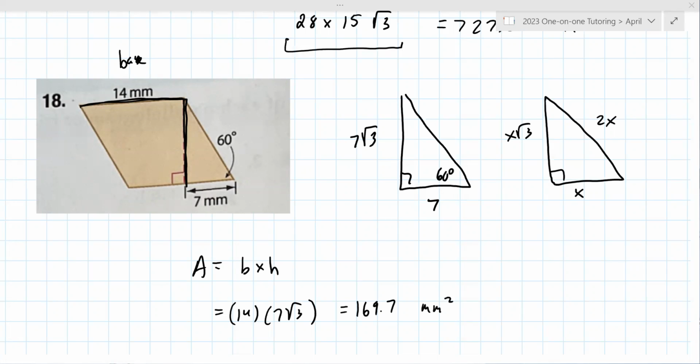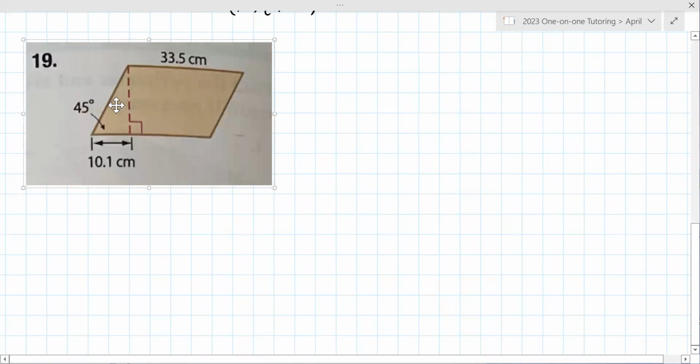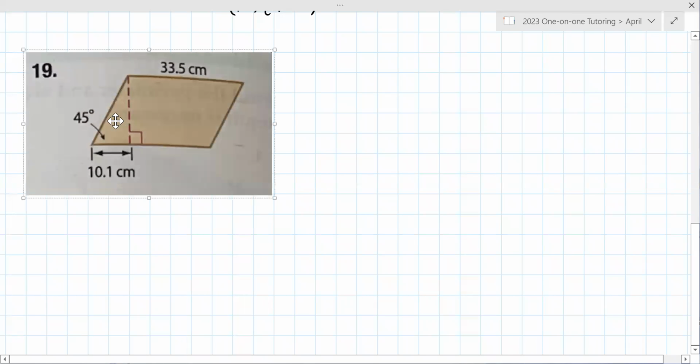All right, 19 here. All right, so we got a similar situation here. You can always use the top as the base if you want, and I would recommend doing that. So the base is 33.5.